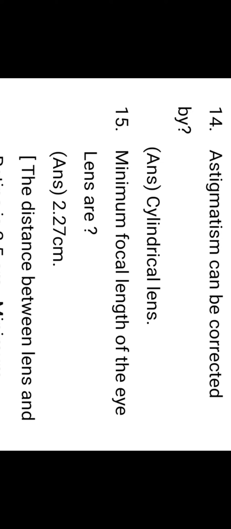Now the lens is damaged or scratched, so there are different focal points along different axes. So the image cannot be seen clearly because these are different focal lengths. That is the reason we use a cylindrical lens.